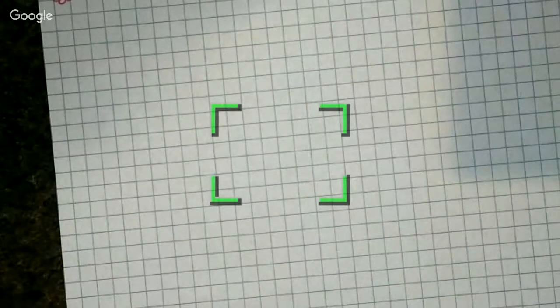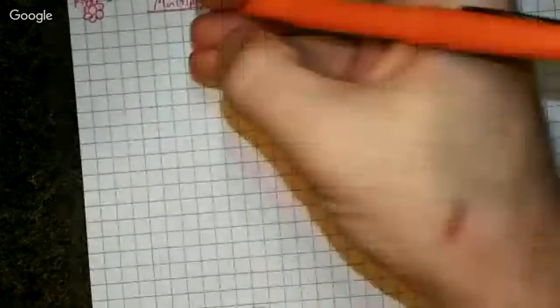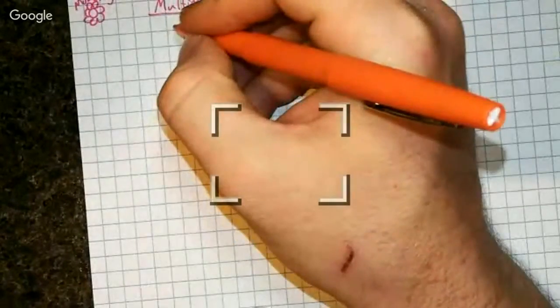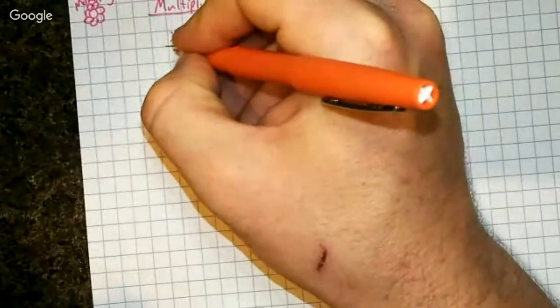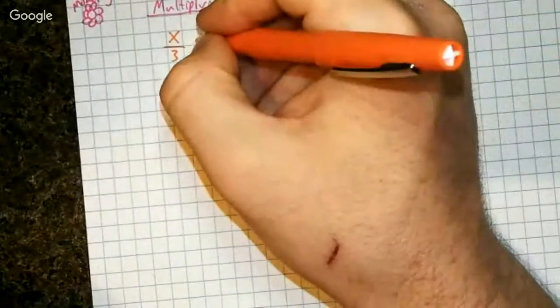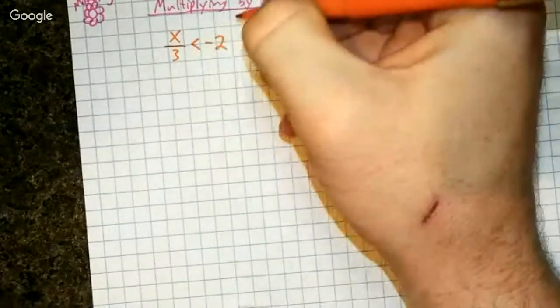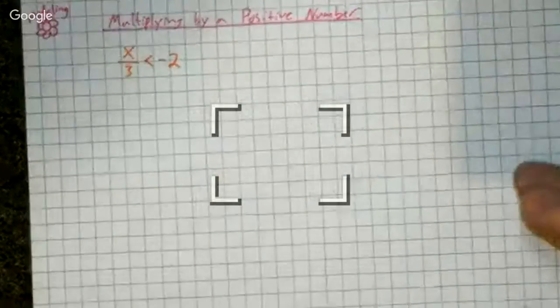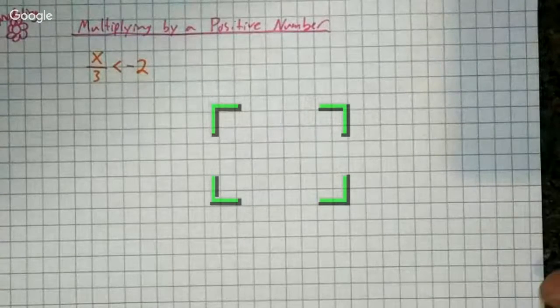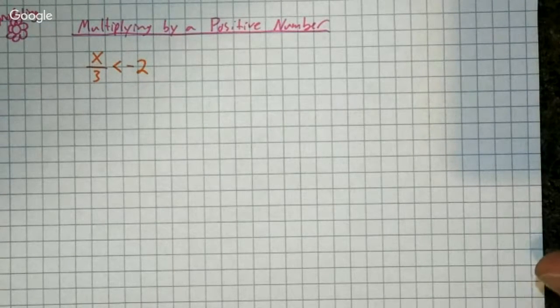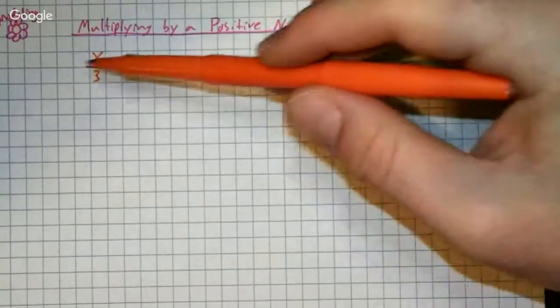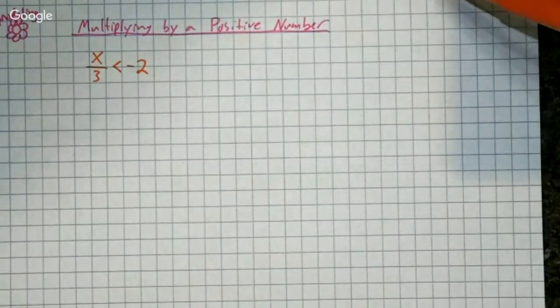Okay, so let's go ahead and get into our example. And I'm just going to say x over 3 is less than -2. Now you can see we're going to take this and apply it to an inequality that we have. Whatever number fills in for x, it must make this expression true.